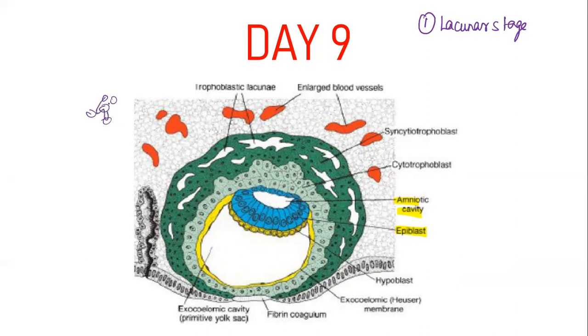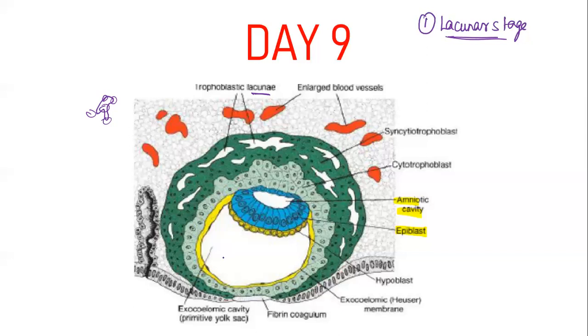All these vacuoles will fuse together to form something called lacunae. So the first thing that happens in day 9 is the lacunar stage, wherein the trophoblast, that is the syncytiotrophoblast, is going to show some lacunae. I'll tell you the role of lacunae in day 11 and day 12. Just now, understand that there is formation of lacunae.